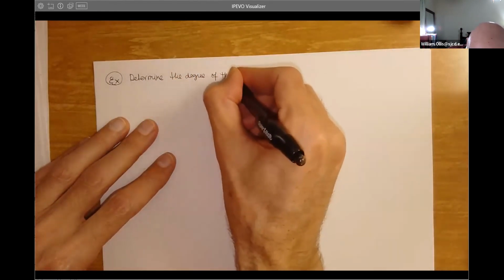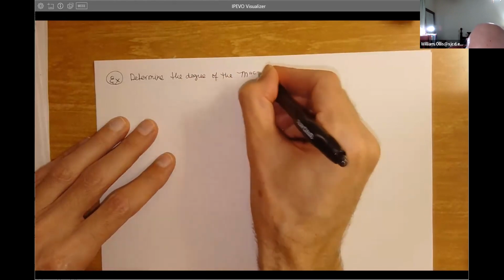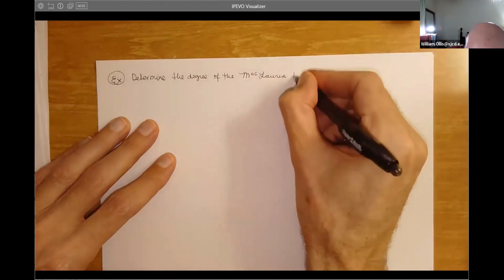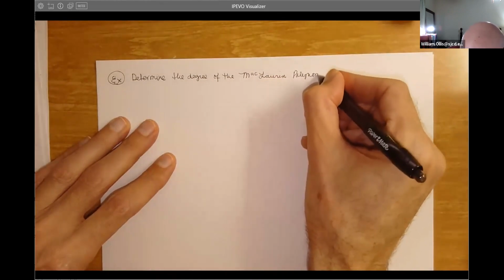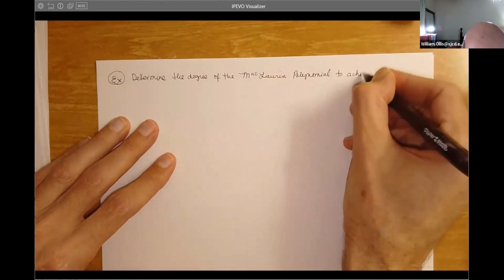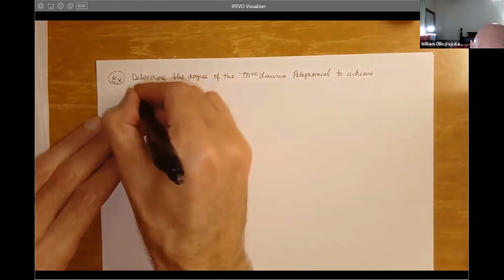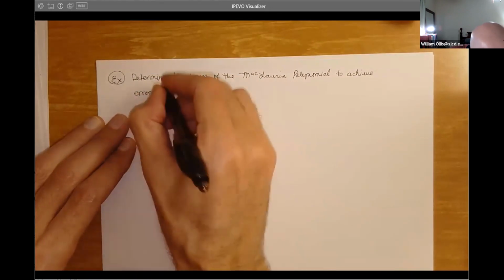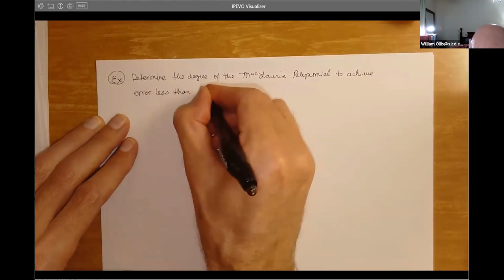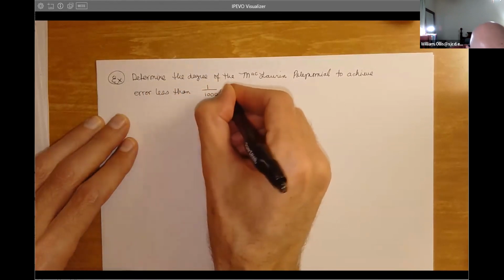of the Maclaurin polynomial to achieve error less than 1/1000. And here are the hypotheses.